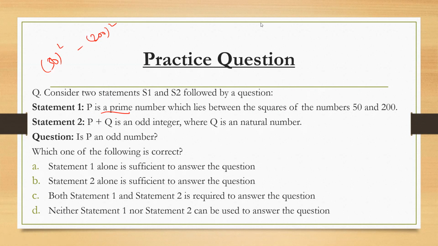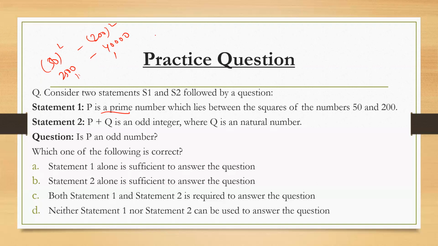Now here, it basically lies between 2500 and so on. But we are talking about a prime number here. What is the nature of a prime number? It does not matter where it lies.